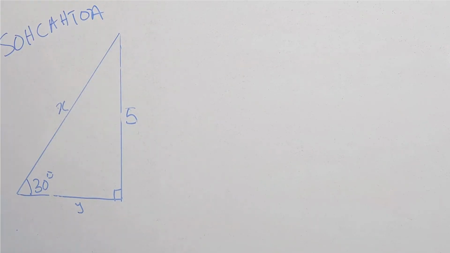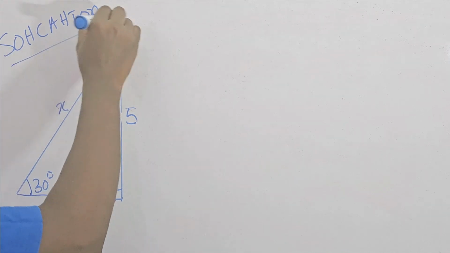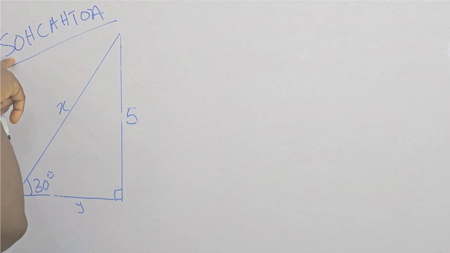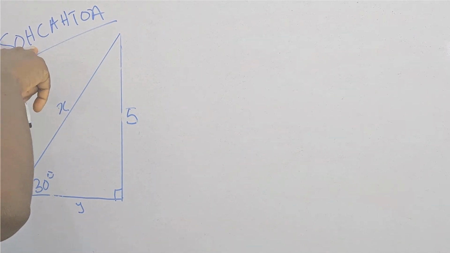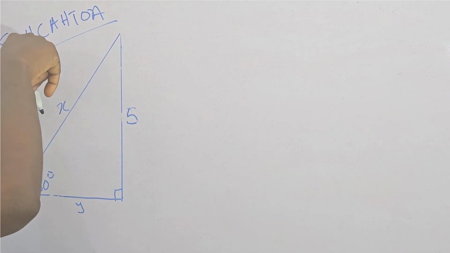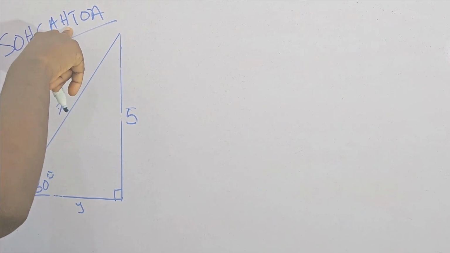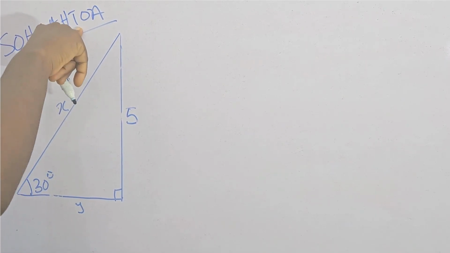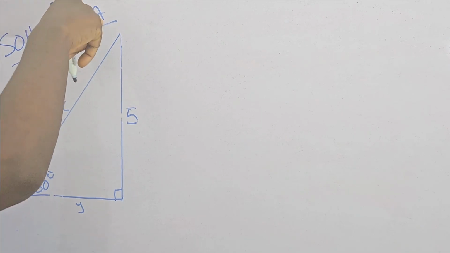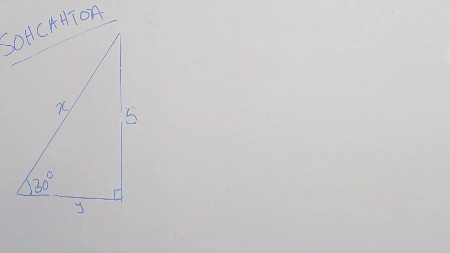SOHCAHTOA, meaning sine equals opposite divided by hypotenuse, cosine equals adjacent divided by hypotenuse, tan of an angle equals opposite over adjacent.